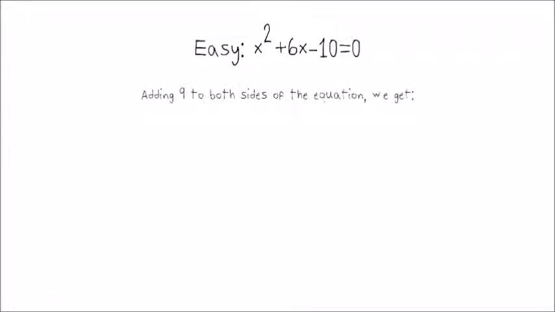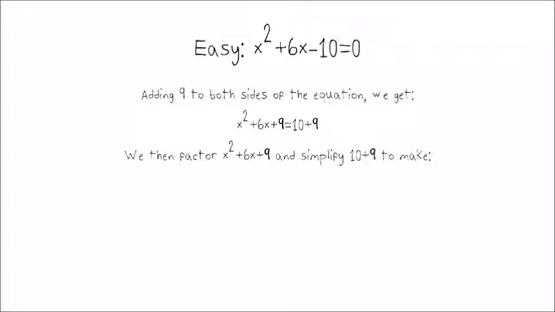Adding 9 to both sides of the equation, we get x squared plus 6x plus 9 equals 10 plus 9. We then factor x squared plus 6x plus 9 and simplify 10 plus 9 to make x plus 3 raised to the second power equals 19.